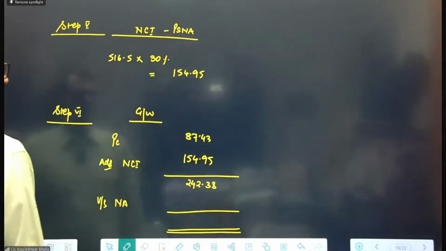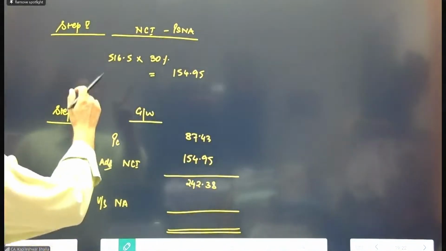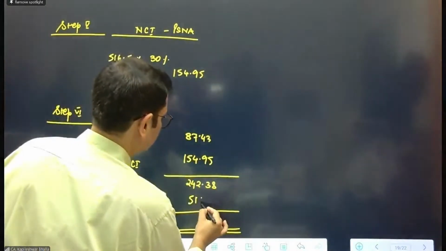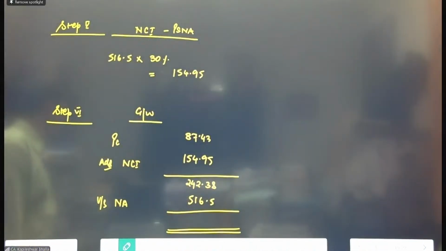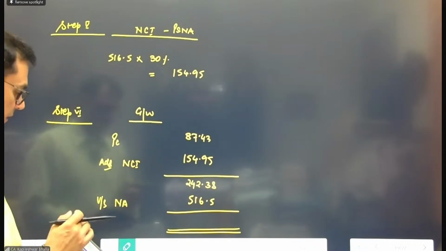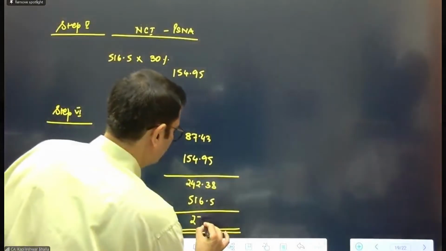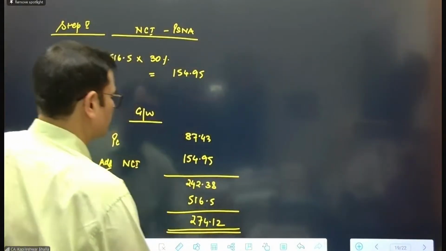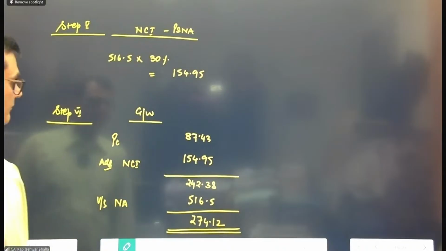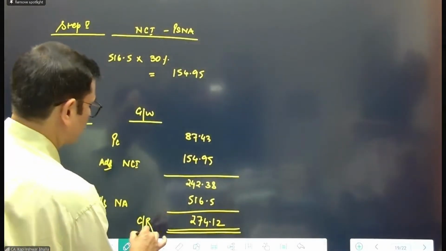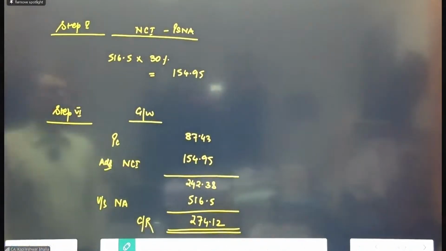Total $242.38, and the net assets is 516.5. So are we getting a goodwill or a capital reserve, a bargain purchase gain? The difference is $274.12. So is this goodwill or bargain purchase gain? Net assets is greater, then it is a bargain purchase. Correct. So capital reserve or a bargain purchase gain. Right. So step number 6 is done.